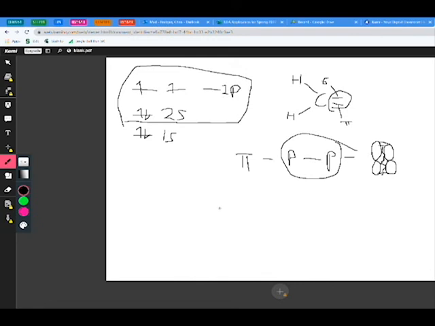So sigma bonds of equal energy means that we're going to have 3 hybridized orbitals with 1 electron in each of them, and then we're going to have that 1 p orbital.